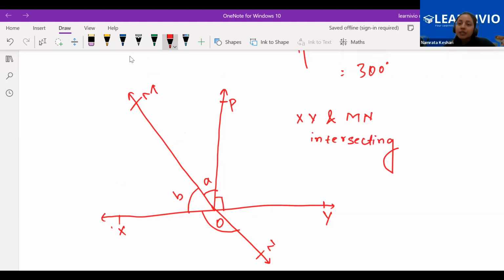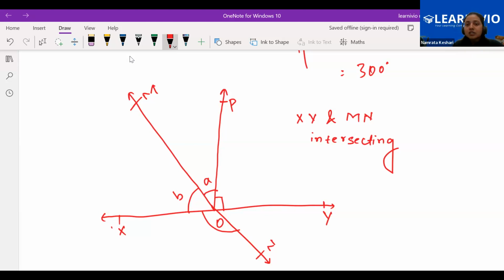Every time we have a question, we will focus on this statement, which two lines are intersecting each other. From the figure we can see that this is a straight line, and the other one is also a straight line. But the question's statement will also guide you that if these two are intersecting each other, then there must be a pair of vertically opposite angles.